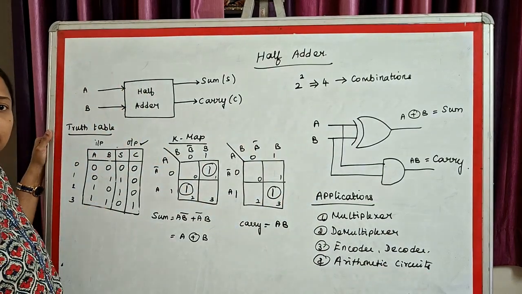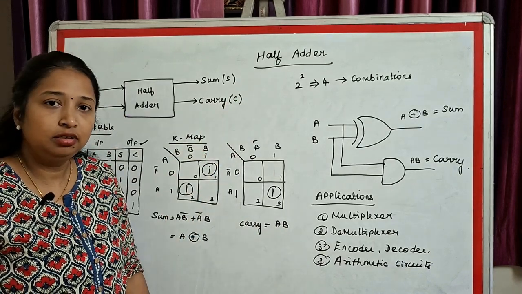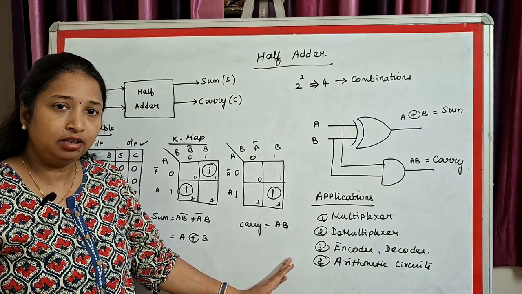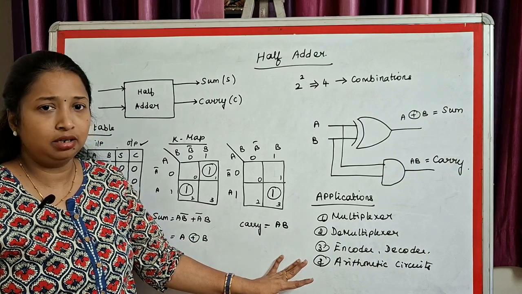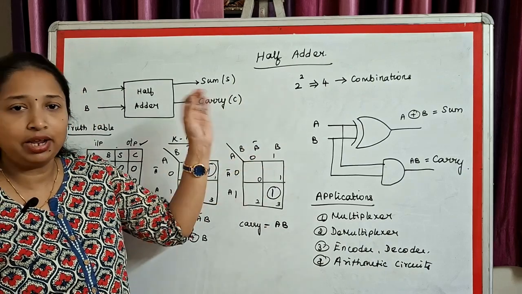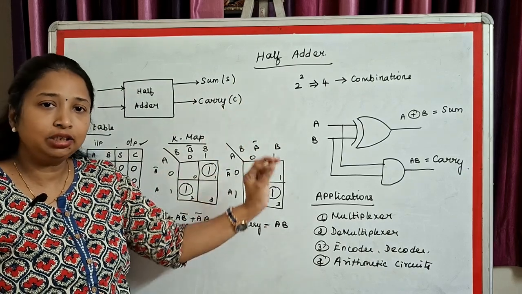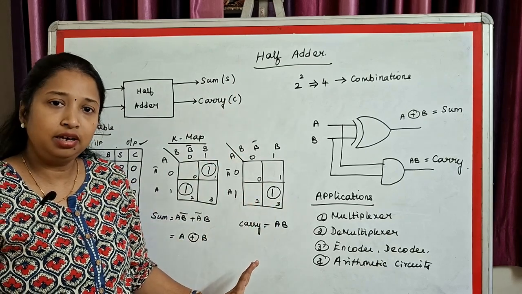Clear? These are some of the few applications of where you'll be using a half adder. Almost all the arithmetic circuits will be making use of half adder, because half adder is nothing but the addition. Wherever you feel like there is some addition that has to be done, then half adder is by default used there. Clear?